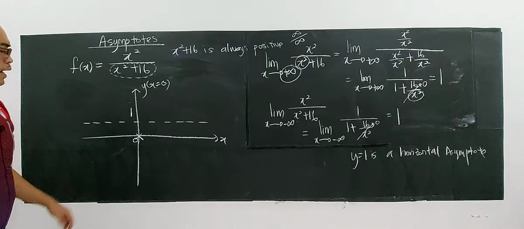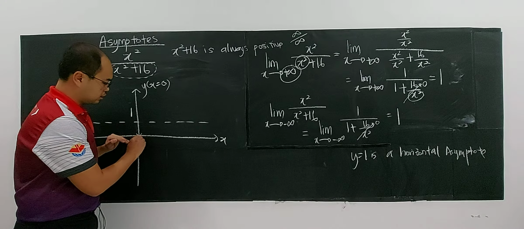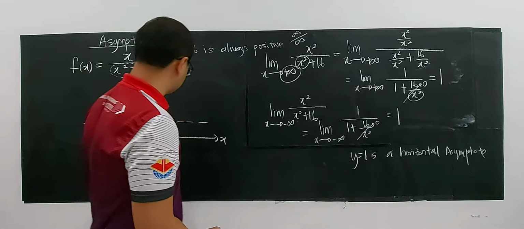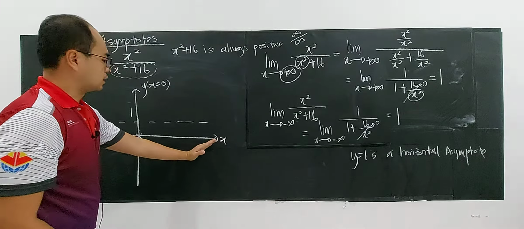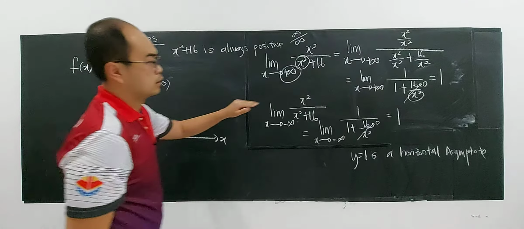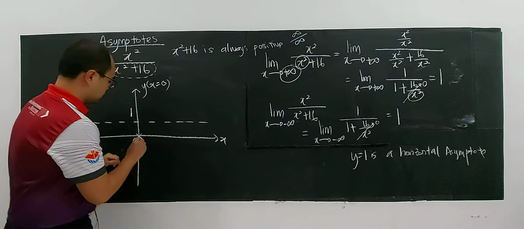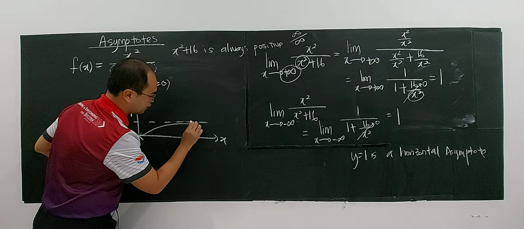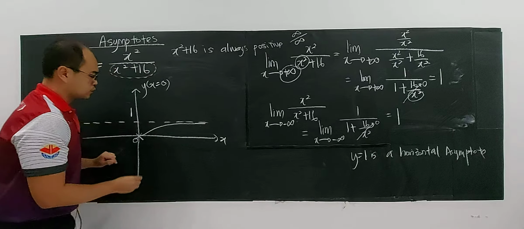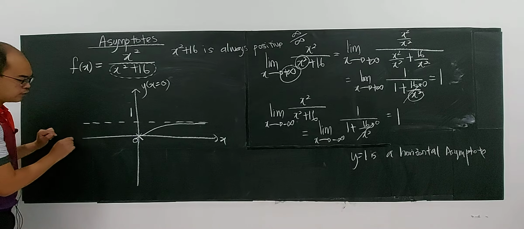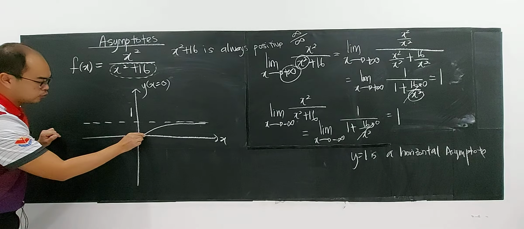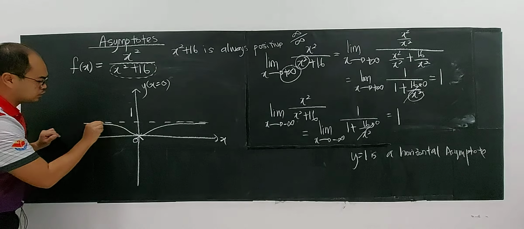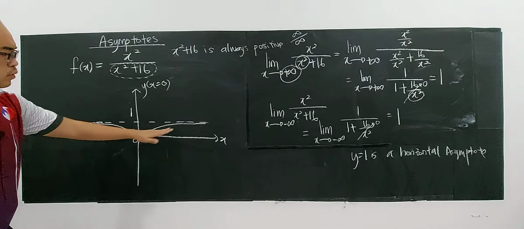As the graph goes to positive infinity, with x getting bigger and bigger, the curve approaches 1, very near to 1 but cannot touch 1. When you go to negative infinity, the curve also approaches 1. Approaching means they won't intersect. So this will be the curve here.